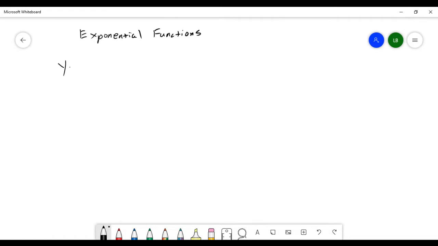Okay, so in general, our very basic exponential function is y equals e^x. And it is defined to be the inverse of the natural log of x. So what this means is e^(ln x) is equal to x because they cancel each other out.